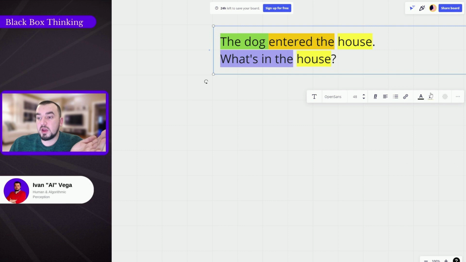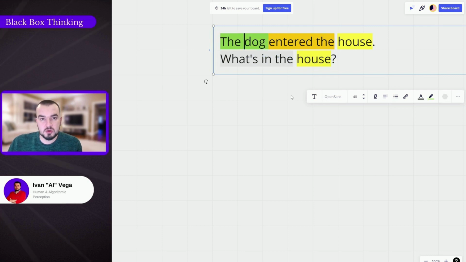And when you ask it "what's in the," it will probably consider this the least important part of the sentence, most likely just a figure of speech or the context of what we require it to do, and it will actually answer the question. The dog entered the house, what's in the house? The dog is probably in the house. The dog is in the house.